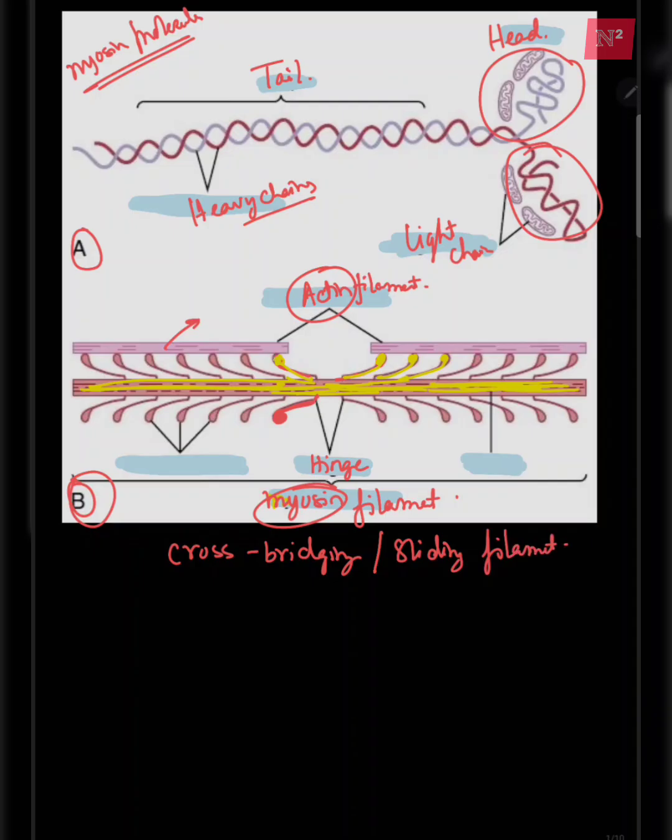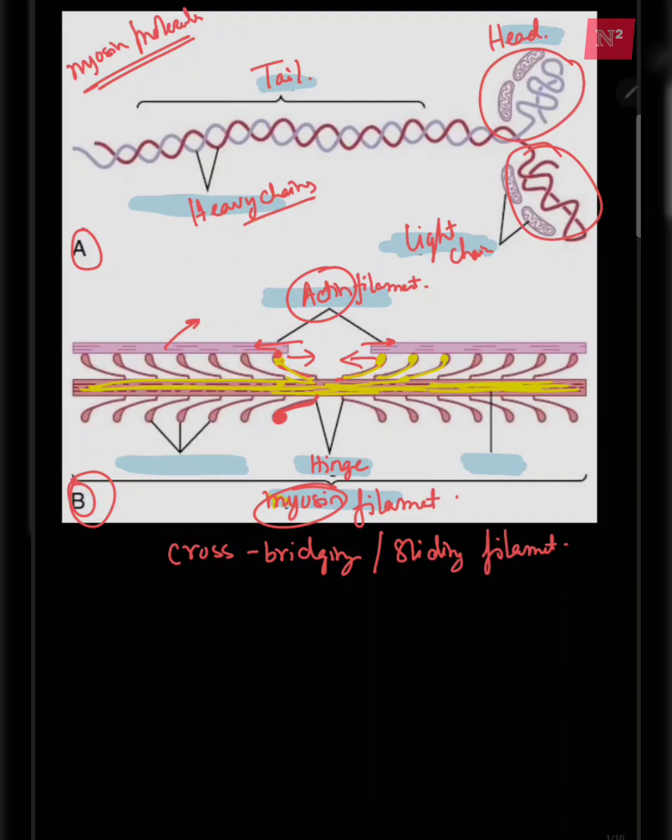What happens is the myosin is attached to the myosin binding portion of the actin molecule, which drags the muscle either towards the center of the sarcomere or the Z line, or away from the Z line, depending on whether contraction or relaxation is required.